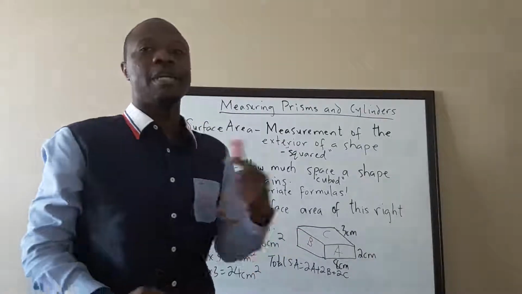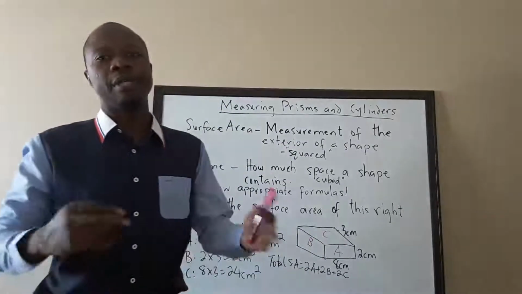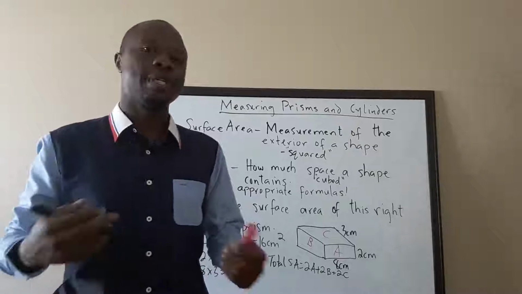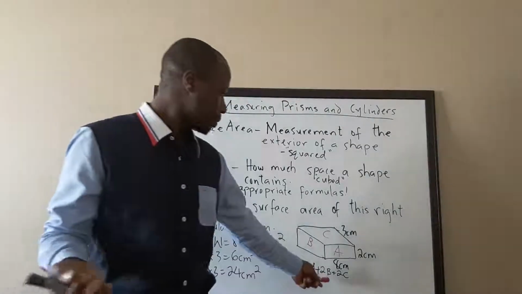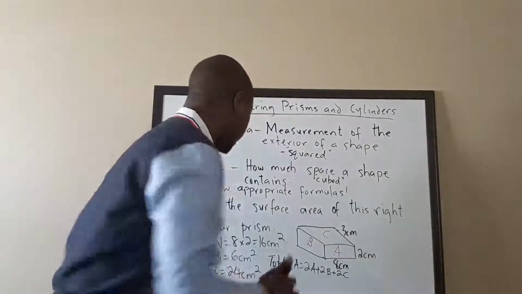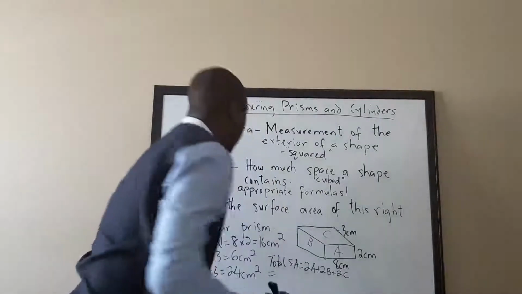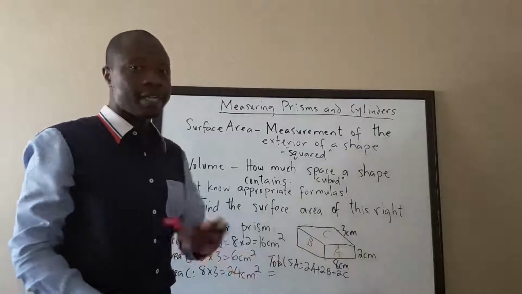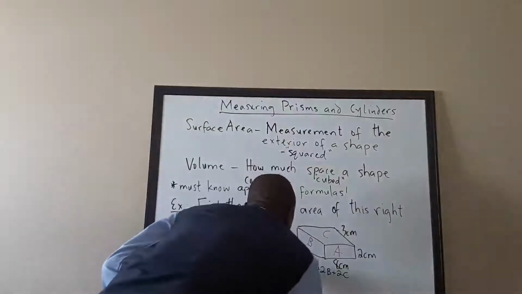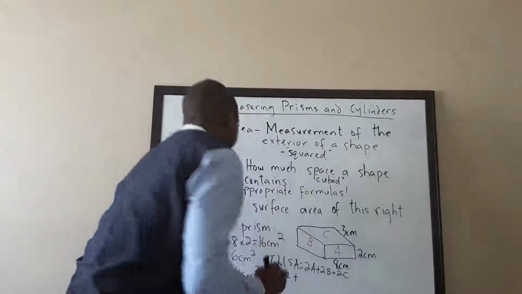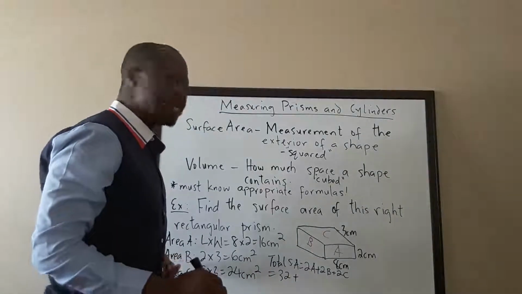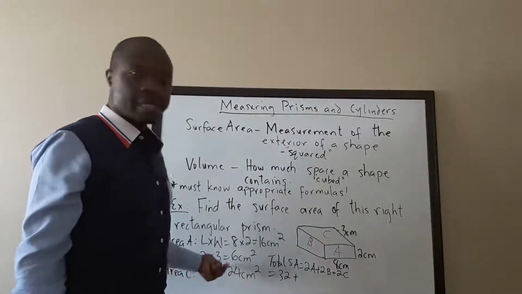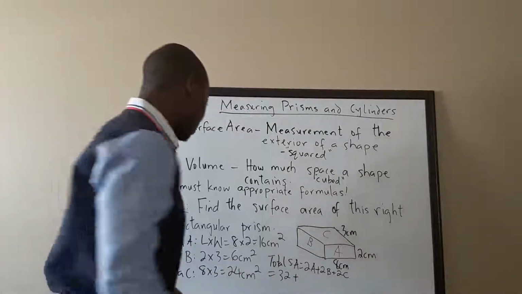So 2 times the area of A plus 2 times the area of B plus 2 times the area of C. So here equals, now 2 times A, so 2 times 16 is 32. 2 times the area of B is 2 times 6, which is 12.